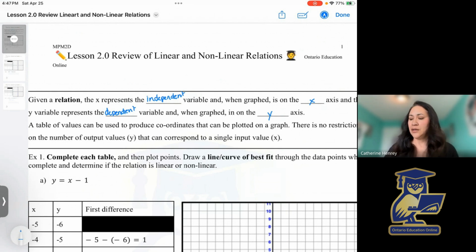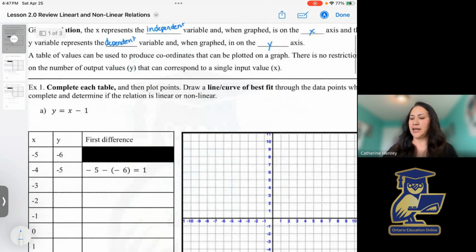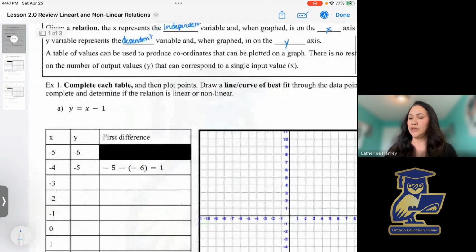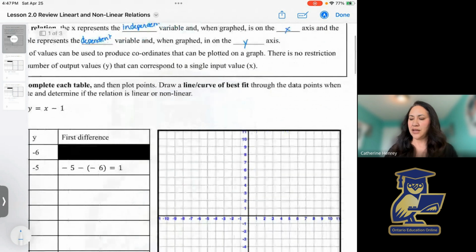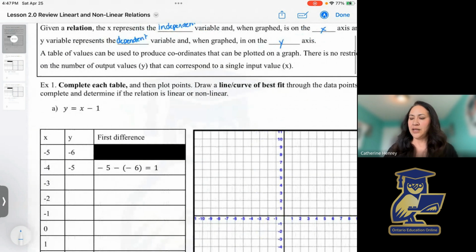So what I want to do here is go ahead and complete each table, plot the points, draw a line or a curve of best fit through the data points when complete, and determine if the relation is linear or nonlinear.